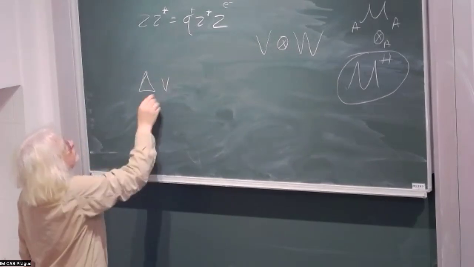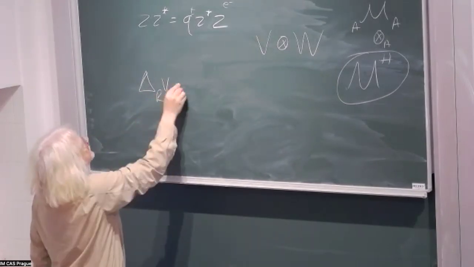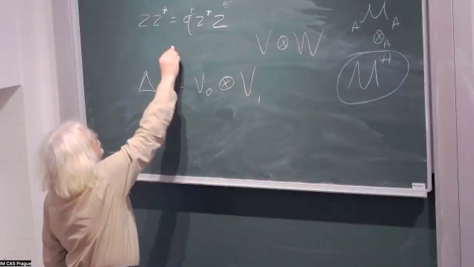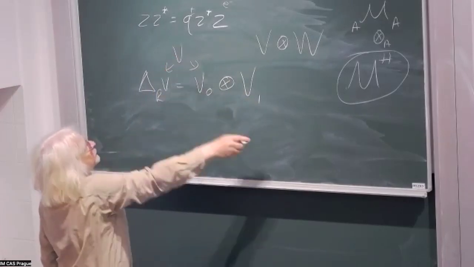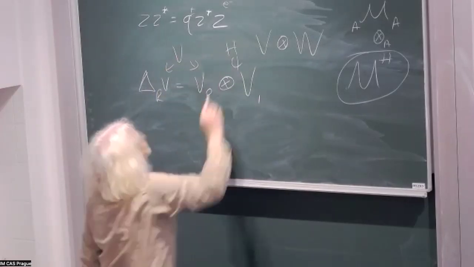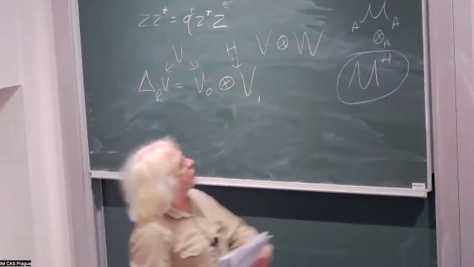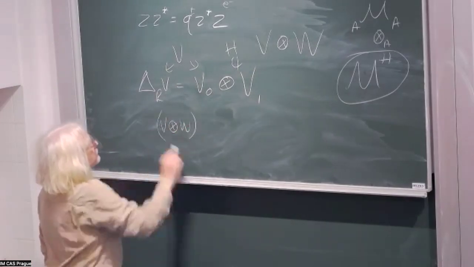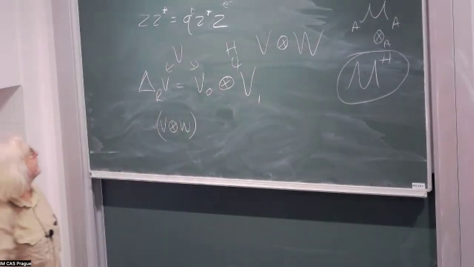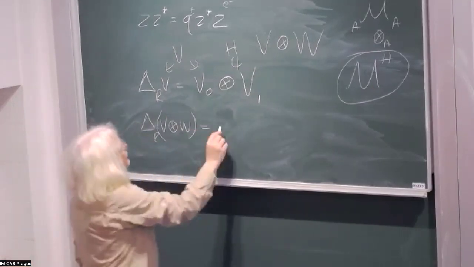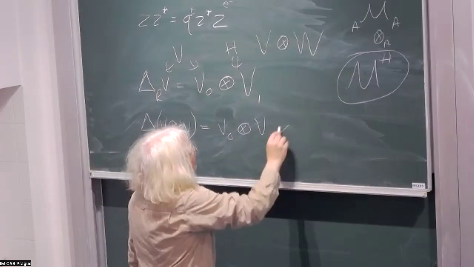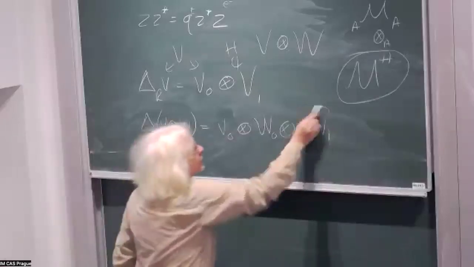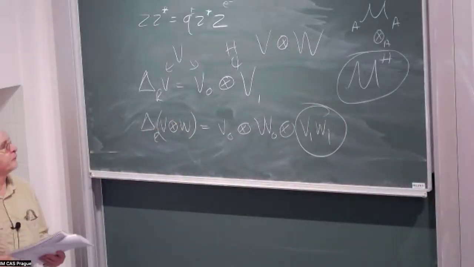Let's have right co-representations, which I'll write like this. So v is an element of V, then v naught will be an element of V, and v1 will then be an element of H. And as this is a Hopf algebra, I can take a tensor product of two co-representations just by multiplying the Hopf algebra valued terms.